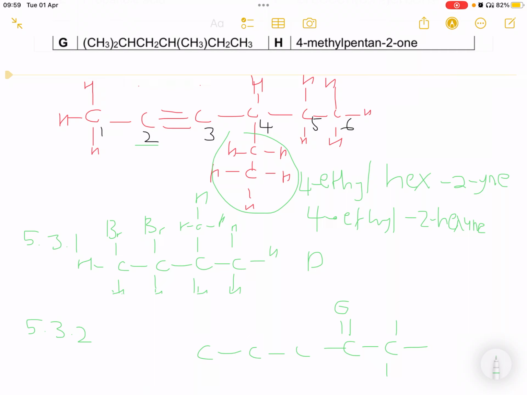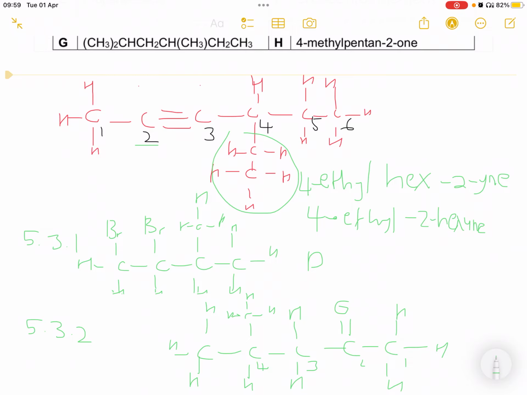Then the rest, we fill up with the bonds because nothing has been said about them. This is carbon number 1, 2, 3, and at carbon number 4, there is a methyl group. So this is the methyl group, and you fill in the H's.